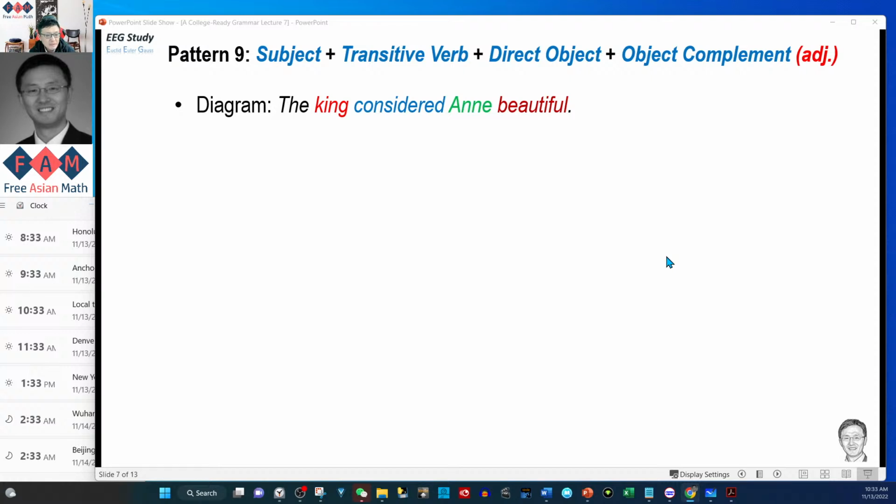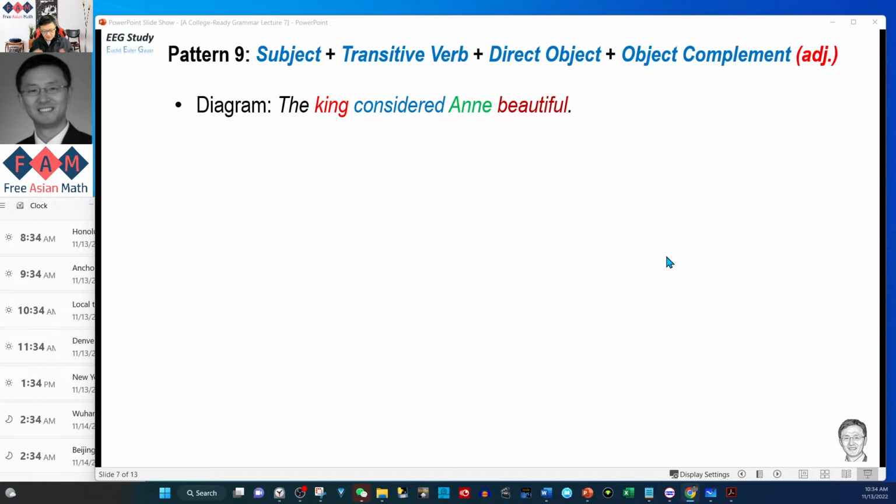Apparently, beautiful is a trait or characteristic about Anne. So therefore, it's a complement for Anne, not the king. But the point we need to make here is, if we drop this beautiful, will this sentence be complete? The king considered Anne. Yes, it is a complete sentence, but it's something very different.